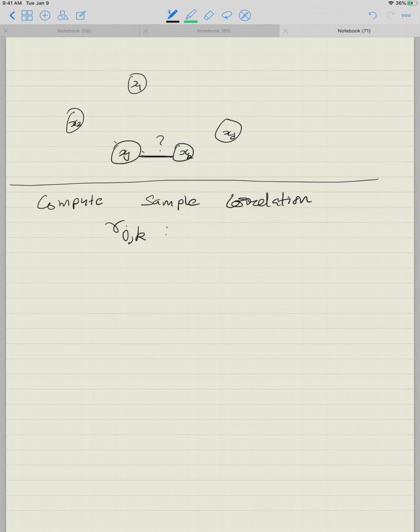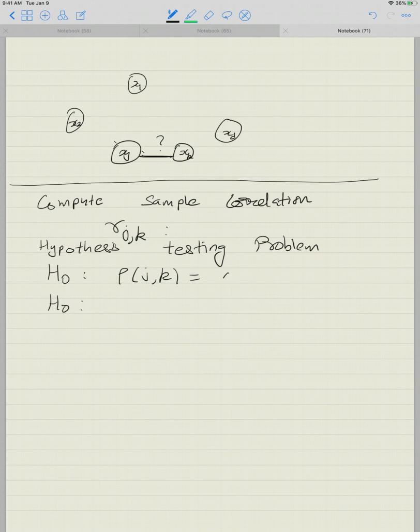So we consider this as a hypothesis testing problem, where we have two hypotheses, H0 and H1. H0 considers the case where the true correlation is 0, and H1 considers the case where rho jk is actually non-zero. It can be positive or negative. And so we want to distinguish between these two hypotheses.